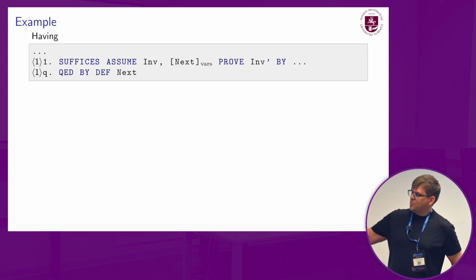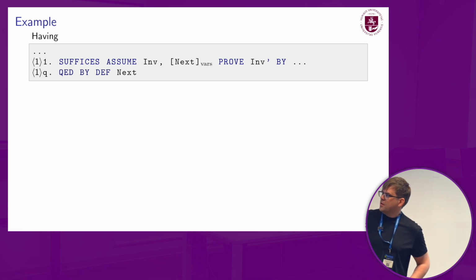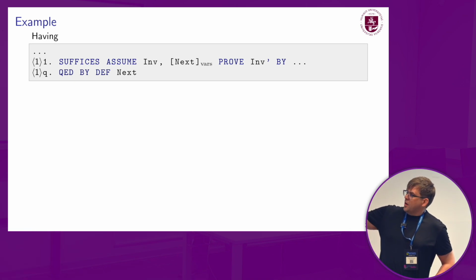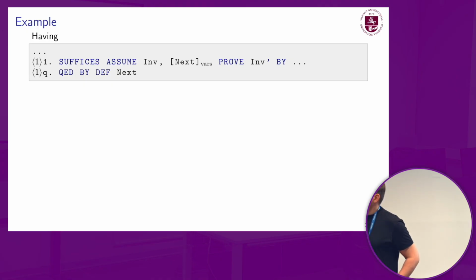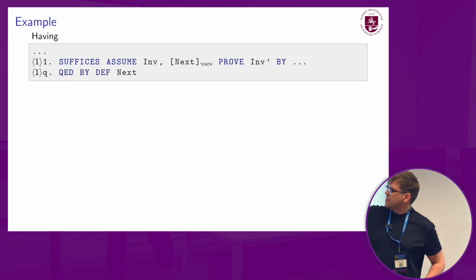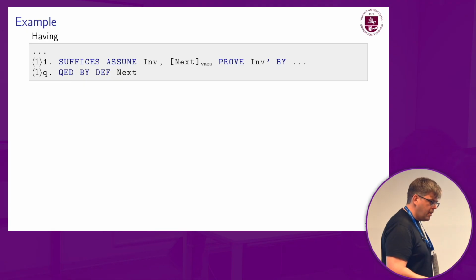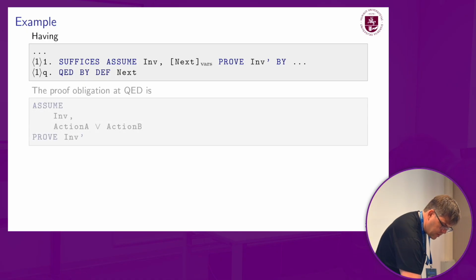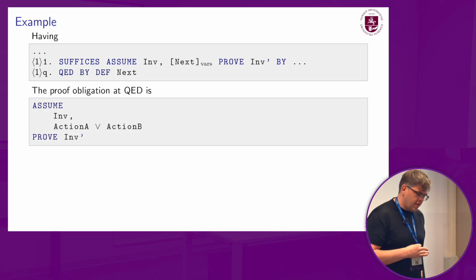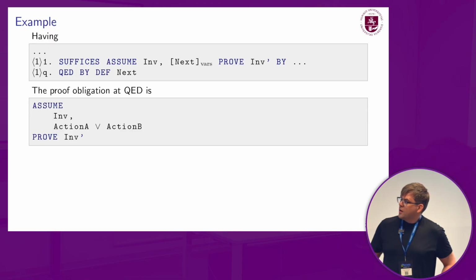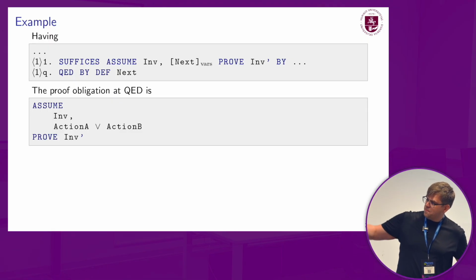It's for proving the inductive step of an invariant. If you have the invariant and then the next step, you have to prove the invariant in the next step. Typically, you want to expand the next step actions here, so by definitions of Next. What you usually do here is you look at the proof obligation, and it shows you the disjunction of actions.